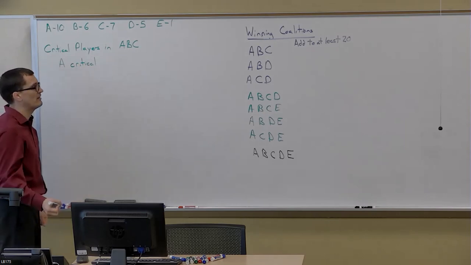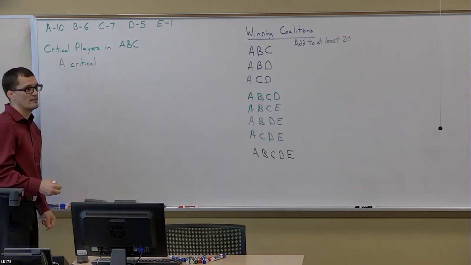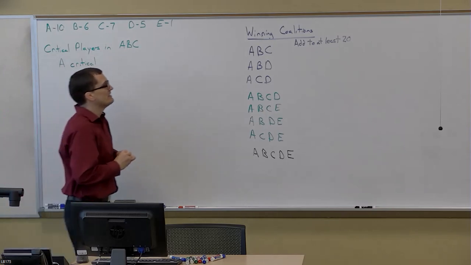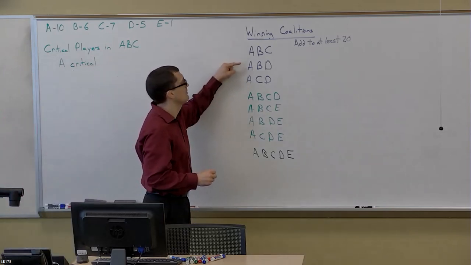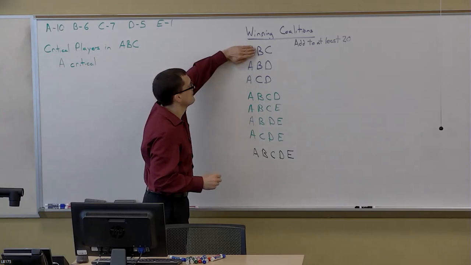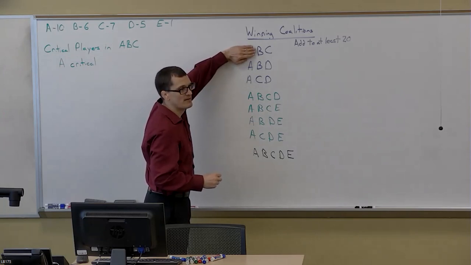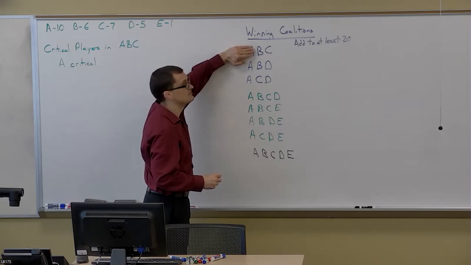If they drop out, they no longer win. The easy way to see that is after you've listed out all of the winning coalitions, just ask, is BC up there as a winning coalition? Obviously it's not, right? So A was important.